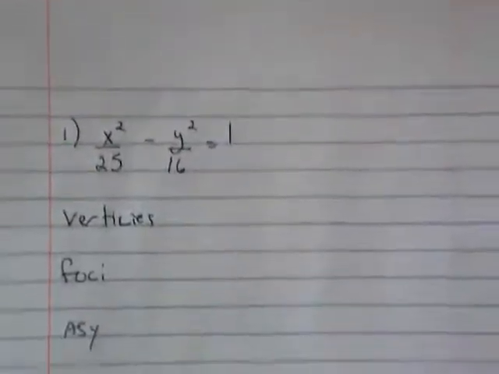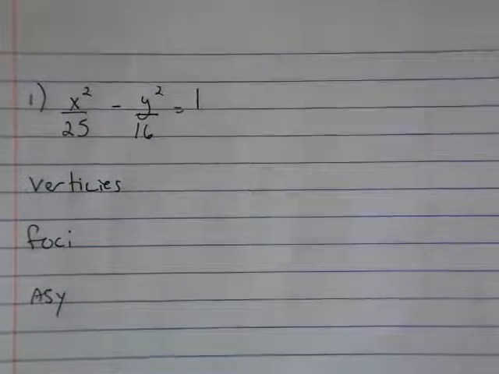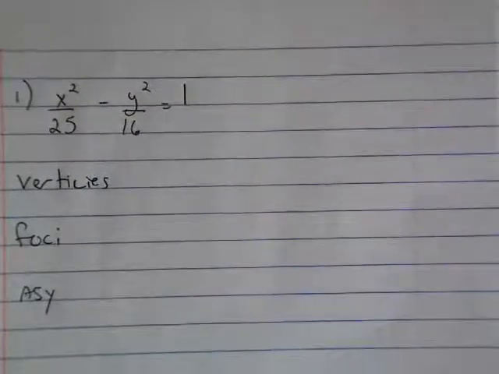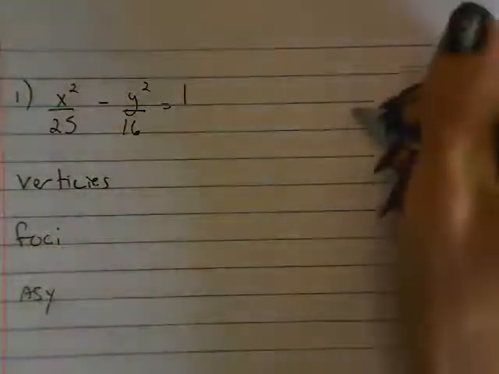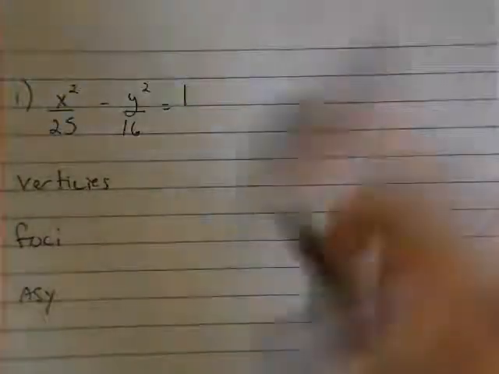Number 1, x squared over 25 minus y squared over 16 equals 1. Now, just like the ellipse, sometimes it's easier if we go ahead and graph it before we do this information.